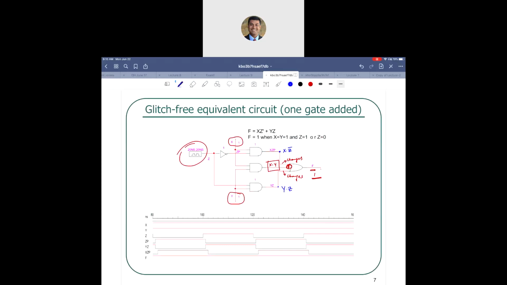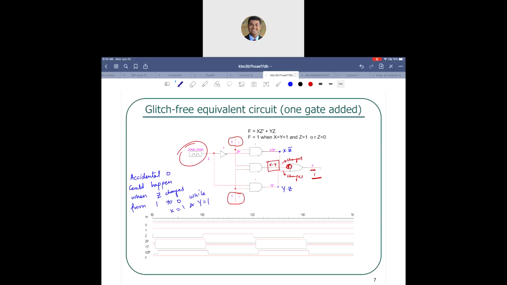The condition is, we can say, an accidental zero could happen when z changes from 1 to 0 while x is 1 and y is 1.